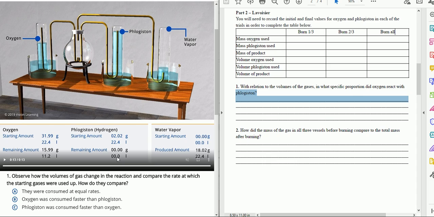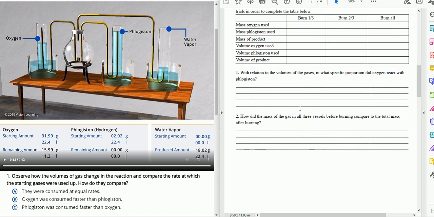Well, that means we have to use 22.4 liters for every 11.2 liters of oxygen. Well, some simple division shows you that that's a 2-to-1 ratio of phlogiston to oxygen. Okay, so for every 2 volumes of phlogiston consumed, you need to consume 1 volume of oxygen. Okay, so that's the proportion at which phlogiston reacts with oxygen. 2-to-1.